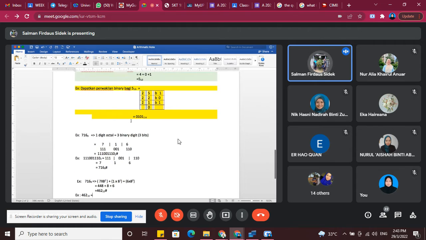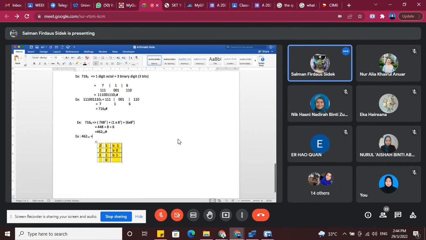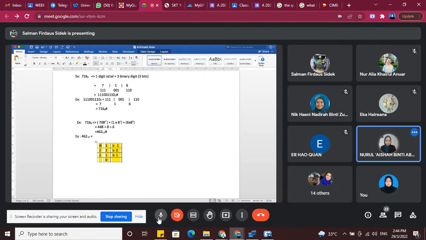If for binary we divide by 2, for octal we divide by 8, where the number is 4, 6, 2.